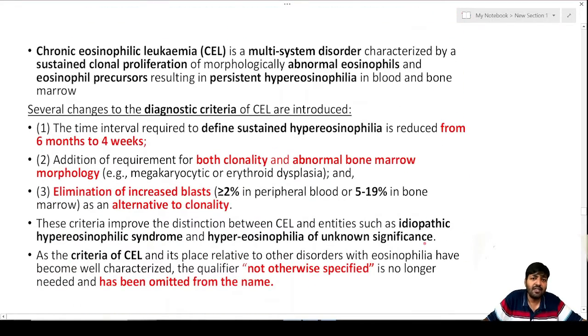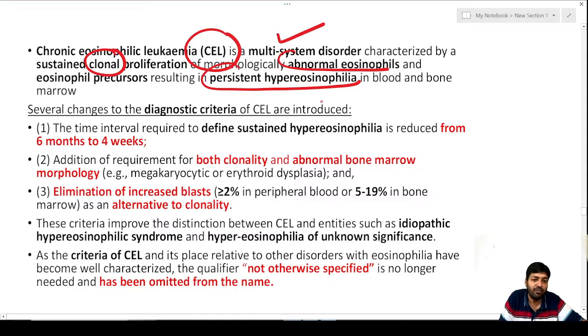Now, the major changes come with chronic eosinophilic leukemia. If you remember, it is a multi-system disorder characterized by sustained clonal proliferation of morphologically abnormal eosinophils as well as eosinophil precursors, resulting in persistent hypereosinophilia. Several changes have been made to the diagnostic criteria of CEL if you compare before and now.